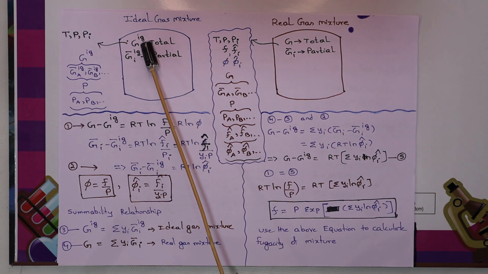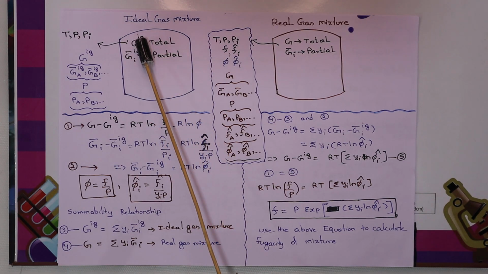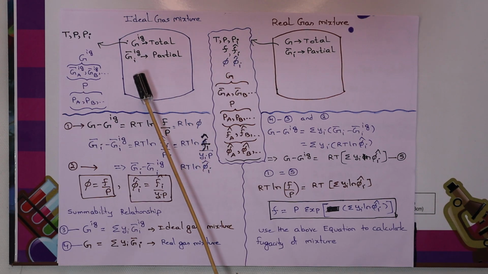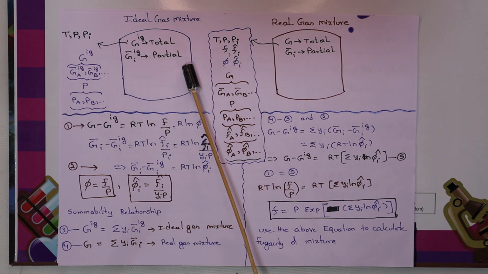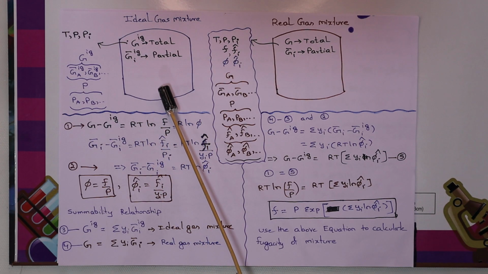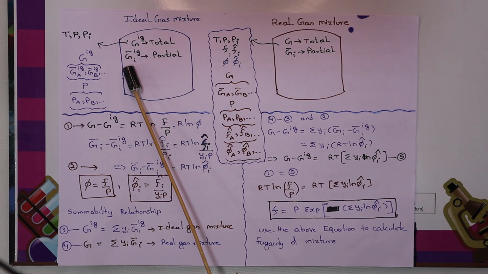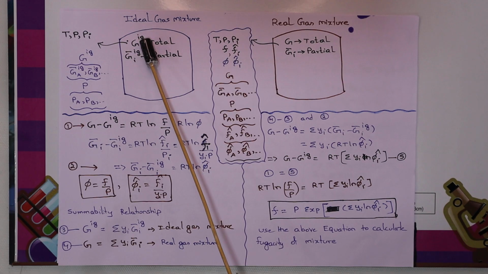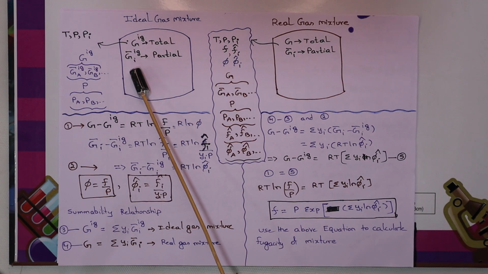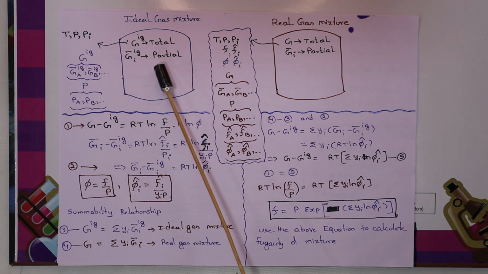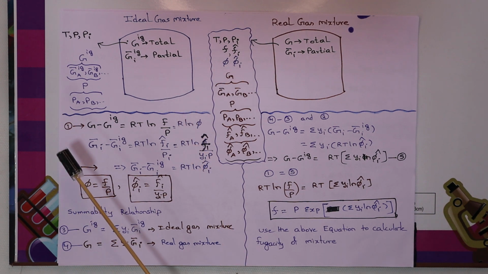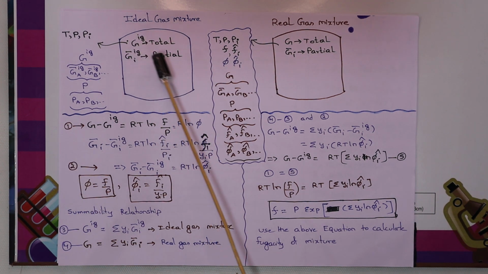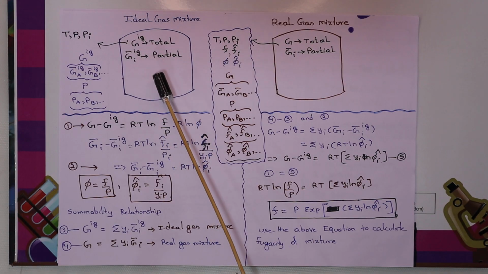The Gibbs energy of this entire mixture is G ig. If this mixture consists of components A, B, C, the partial Gibbs energy of the ith component is G bar i ig. G ig is the total, G bar i ig is the partial. This total Gibbs energy is because of the summation of the different components i in this mixture. The ig represents that the gas molecules are behaving ideally.